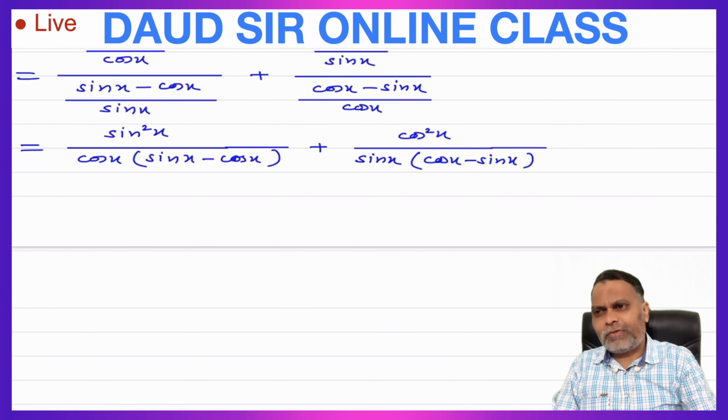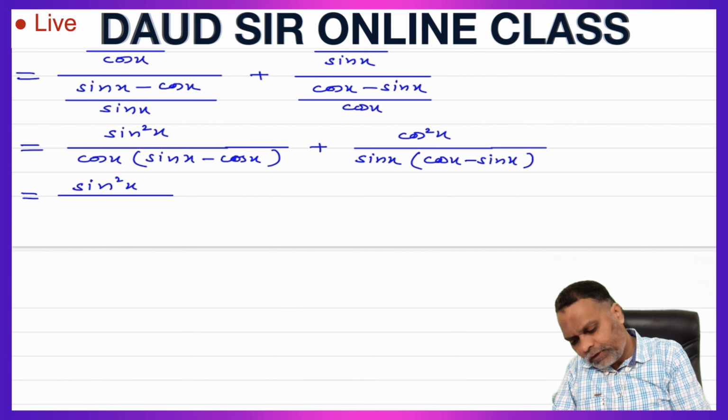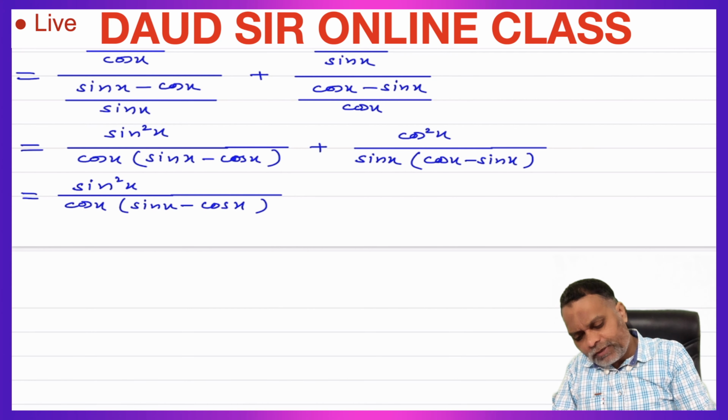So we can take out the common term in LCM. So sin square x upon cos x into sin x minus cos x, minus sign common, so this will become minus upon cos square x.